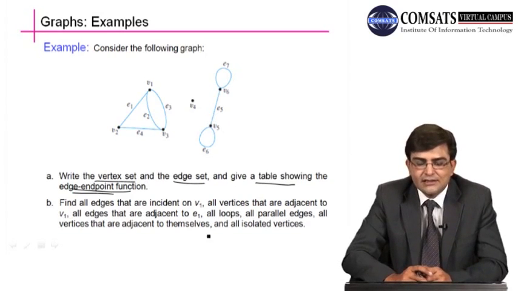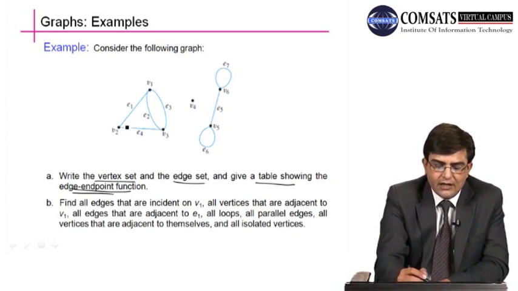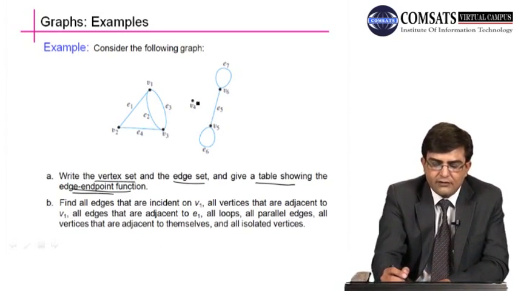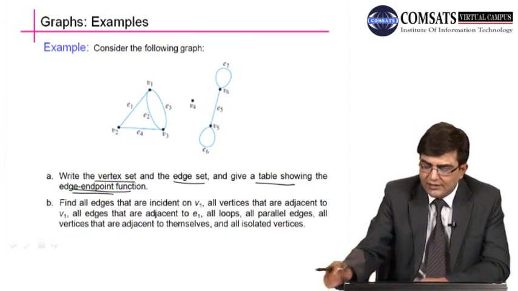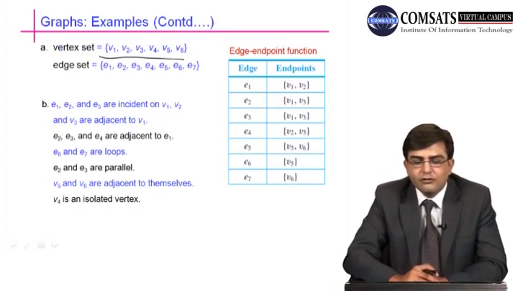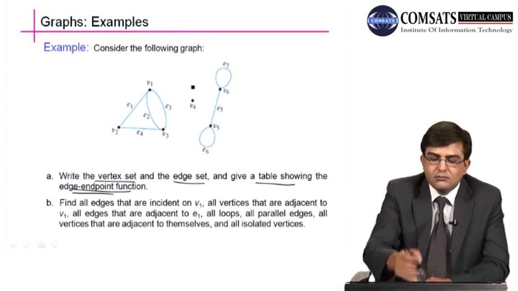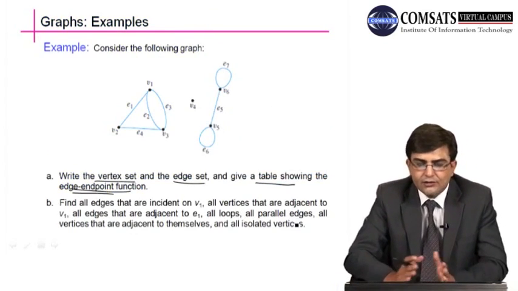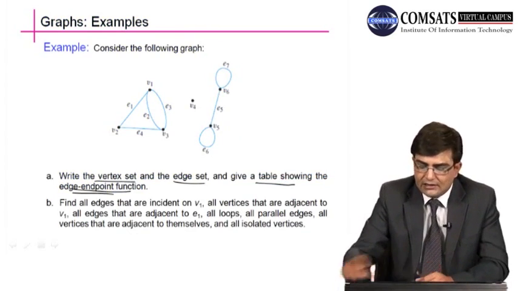So vertex set is basically how many vertices are there in this graph: V1, V2, V3, V4, V5, V6. So the vertex set contains basically V1, V2, V3, V4, V5, V6. Edge set is basically all the edges which are drawn here in this graph.